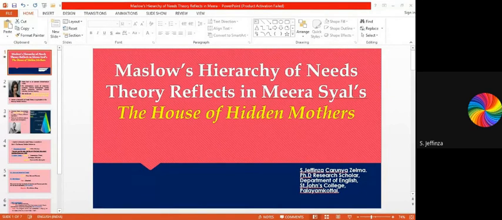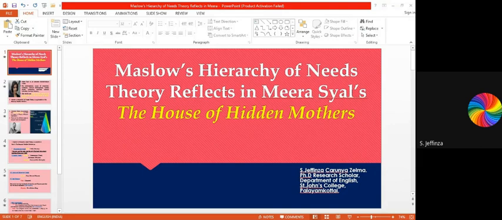The hierarchy is presented as a pyramid. There are 5 different stages to analyze human development. The primary needs are physiological needs such as air, water, drink, shelter, sleep, clothing, etc. These are the requirements for human survival.